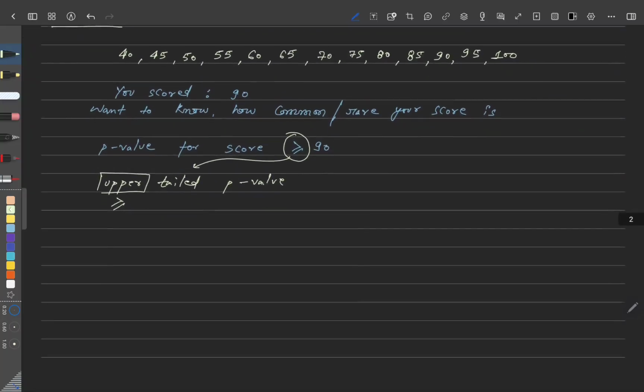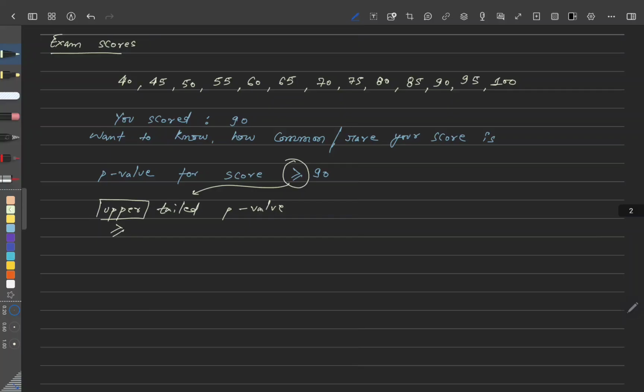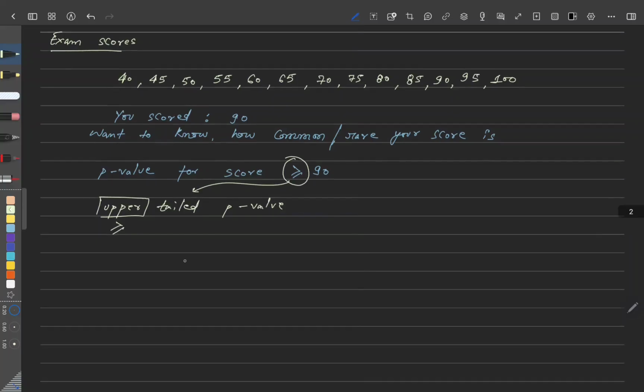To calculate this, what we need to find out is how many scores are greater than or equal to 90 in our data set. That would mean 3 scores: 90, 95 and 100. So these are the 3 scores which are greater than or equal to 90. How many are the total scores? Total scores equal 13.